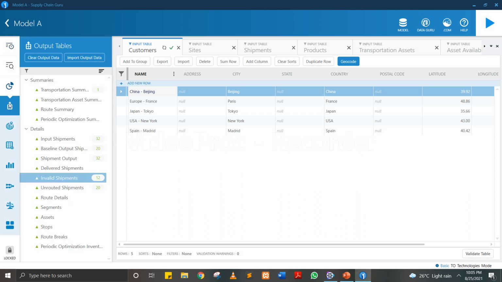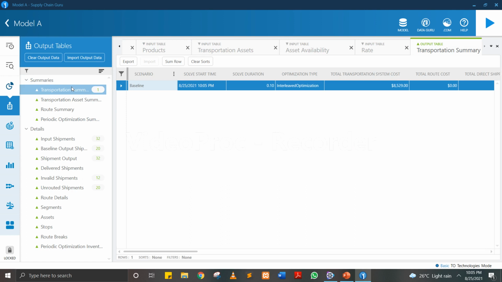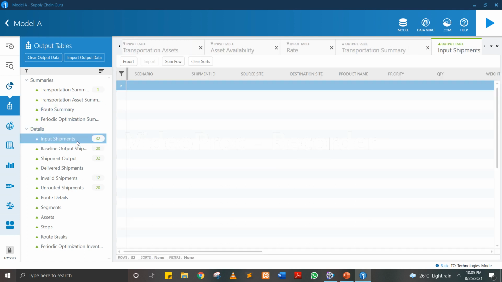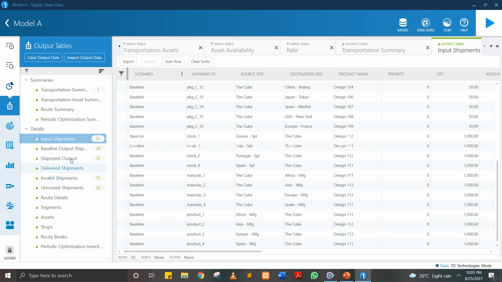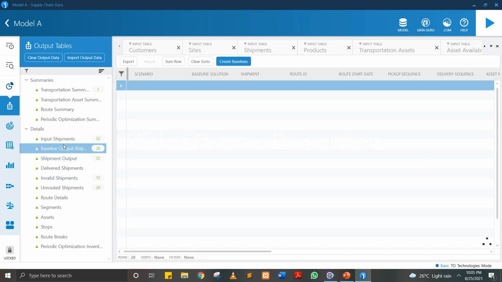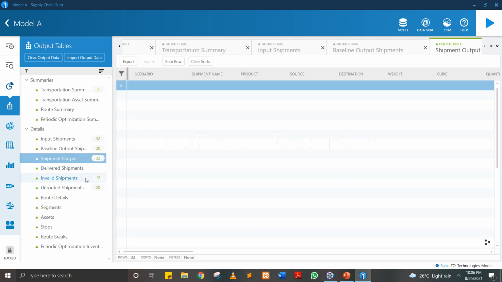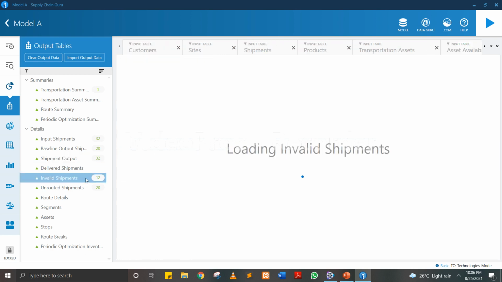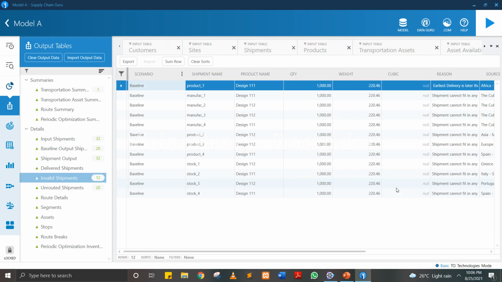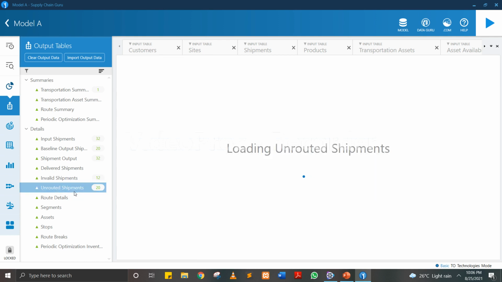Here you can see the transport summary table, then the input shipments, baseline output shipments, invalid shipments, and unrouted shipments populated. There you go, the input shipments and baseline output shipments, and there are the invalid shipments. I think these are for the shipments outside of Europe, and then these unrouted shipments.